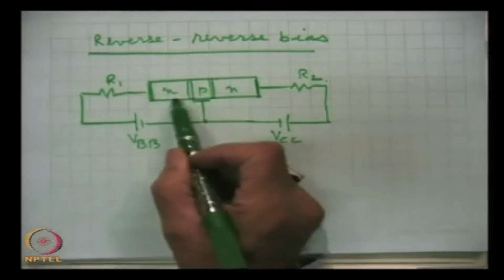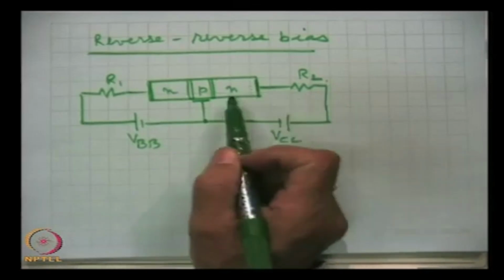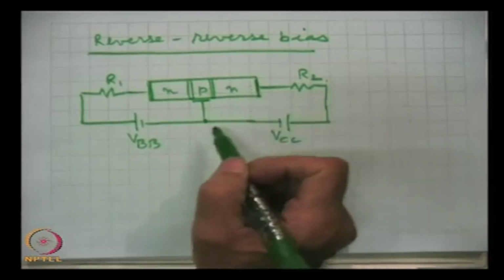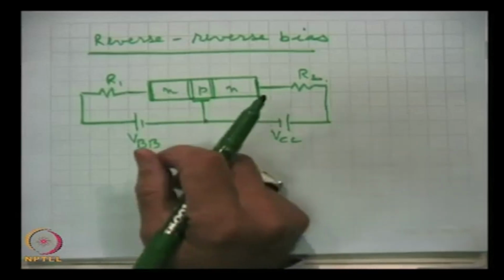Here the emitter junction is reverse biased, the collector junction is reverse biased, and we understand from our knowledge of p-n junction that when it is reverse biased, very feeble currents flow, at least 3 or 4 orders of magnitude smaller than the currents which we observe when the junction is forward biased.